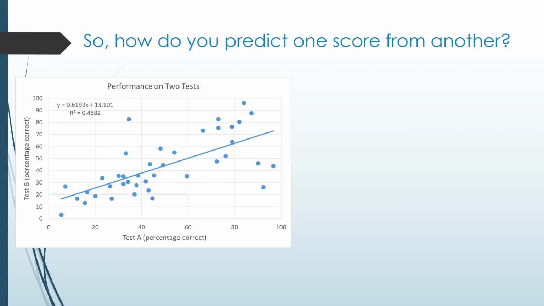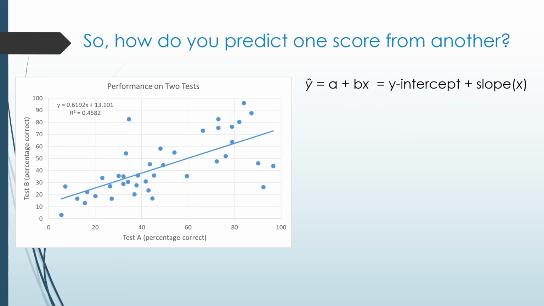I want to spend a little bit of time talking about how you actually do what you intended to do with simple regression, and that is to predict the score on one test from scores on another. So how do you actually go about that? Here we are back to our same picture of performance on 2 tests, and an important component is that line of best fit.